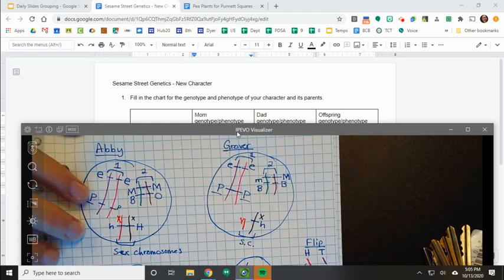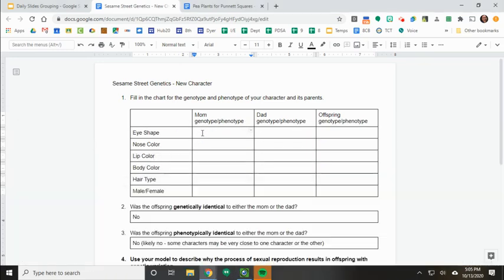So I would type in right here, and it'll correct it for me. 2 little e's. I'll have to go back and fix that little e. And so she would have, she has flat eyes. Okay, so that's how I would fill this out. I would look over at Grover. He also has 2 little e's.